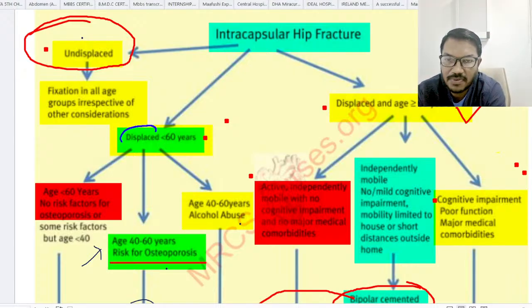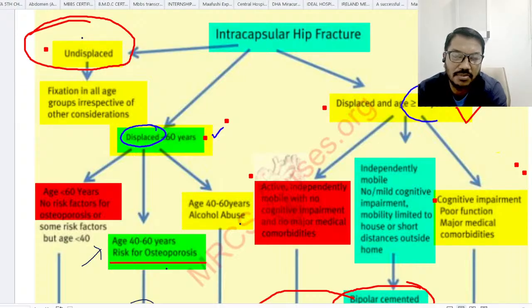If it is displaced, consider their age: below 60, or 60 and above.